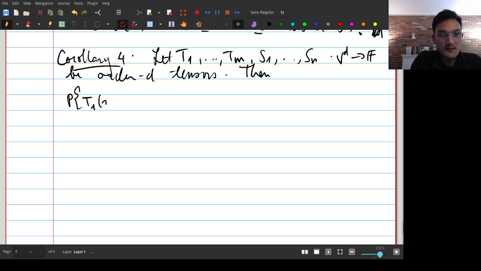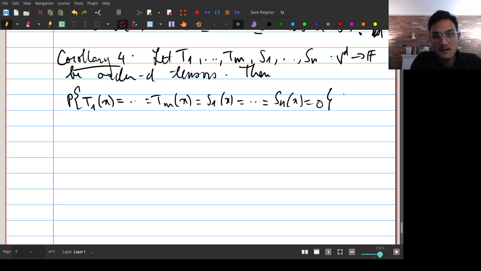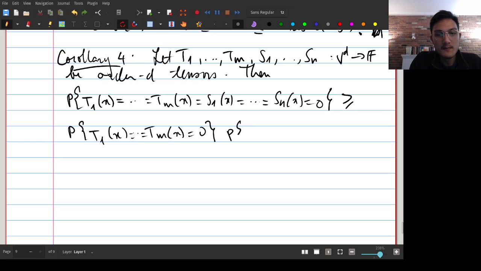That means that the probability that T_1 of x equals all the way to S_n of x equals 0 is greater than or equal to the probability that you take some subset, so T_1 of x equals T_m of x equals 0, times the probability that S_1 of x equals S_n of x equals 0.